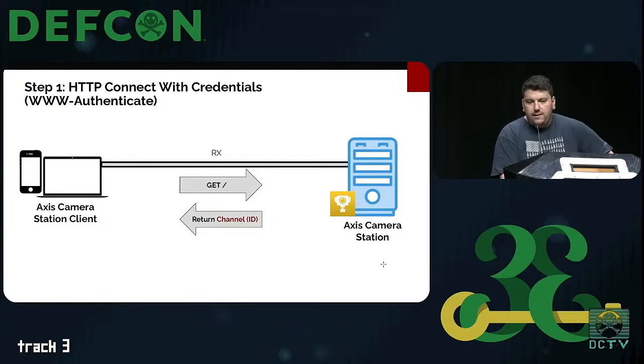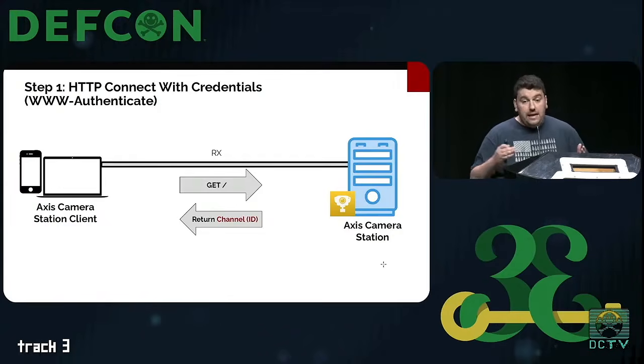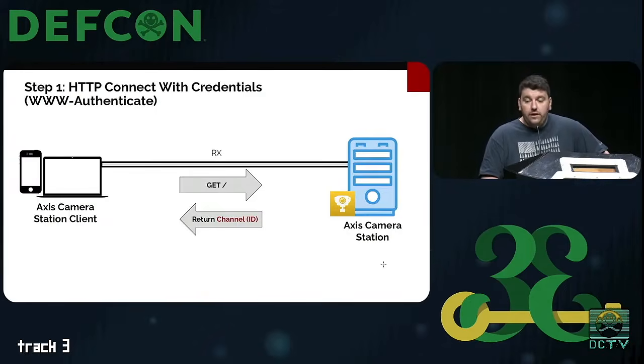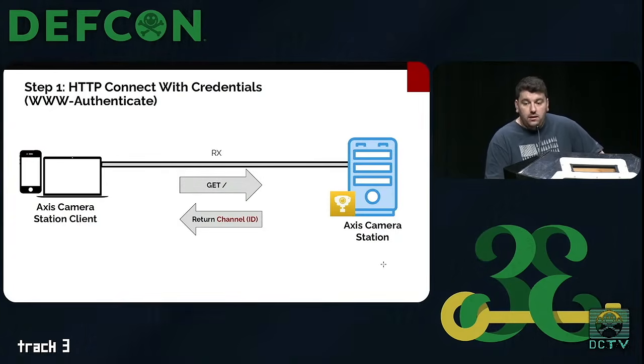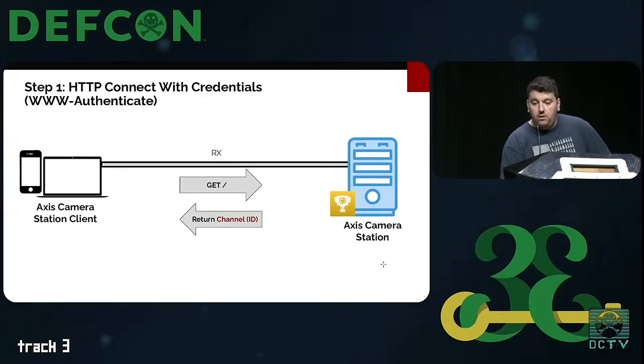And this is how it essentially looks, and it does use HTTP, however, only vaguely. The first thing a client does is it connects to the Axis server, sending an HTTP GET request, and the server responds with a channel ID. Now, this initial connection must be kept alive throughout the communication, as it will be used later.